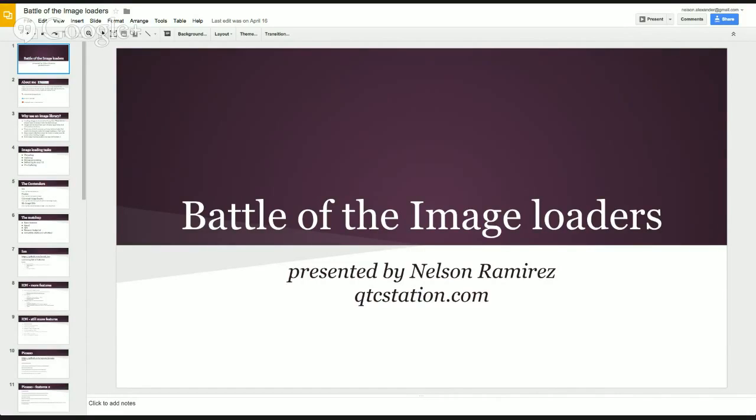Okay, we have several. How do these loaders compare to each other as far as file format support? Could you hear that okay, Nelson? Yes, that's a good question, and a lot of them are going to be pretty similar. They're going to handle JPEGs and PNGs just fine. You're not going to be able to work with an animated GIF, for instance.